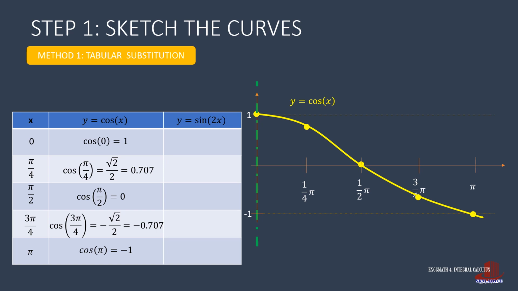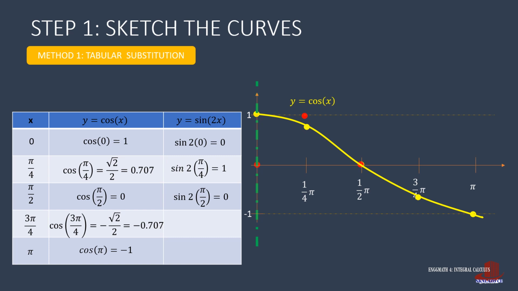Next is the second function, y equals sine of 2x. When x is 0, y is sine of twice of 0, which is also 0. When x is 1/4 of pi, y turns out as sine of twice of pi over 4, which is 1. Then moving to x as half of pi, y is sine of twice of pi over 2, or that is 0.